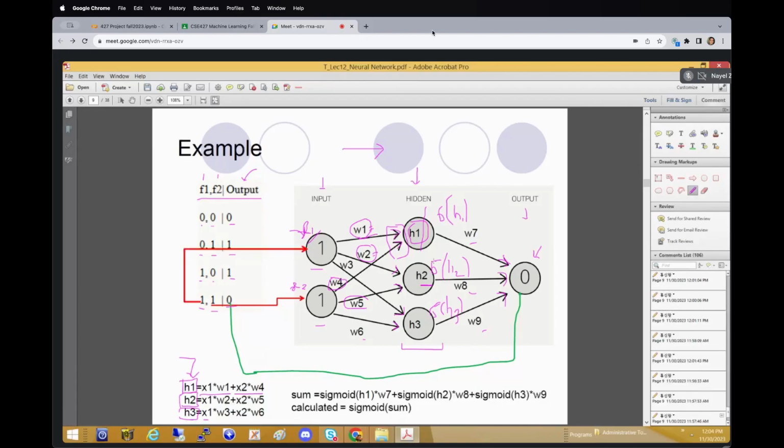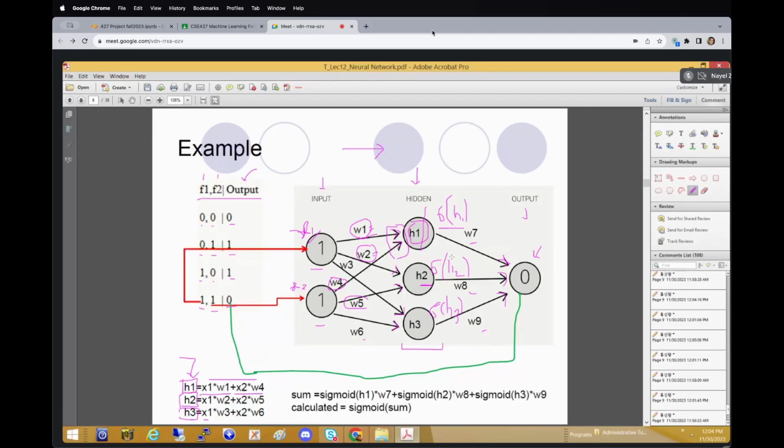So the linear values like h1, h2, and h3, which we got from the linear combination of input and weights, we have to pass through the nonlinear function using the sigmoid. So here in the hidden units, we now get the nonlinear values: sigmoid of h1, sigmoid of h2, and sigmoid of h3.